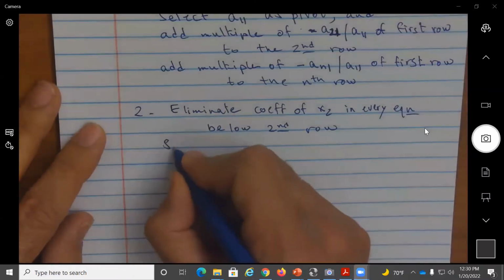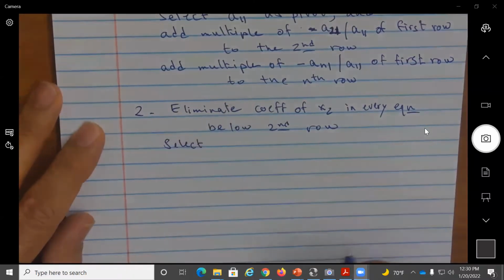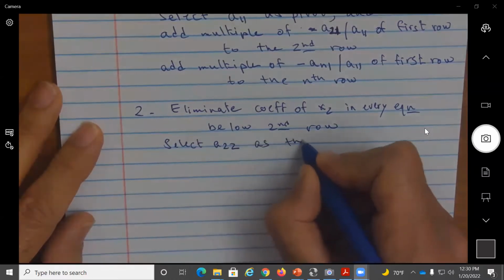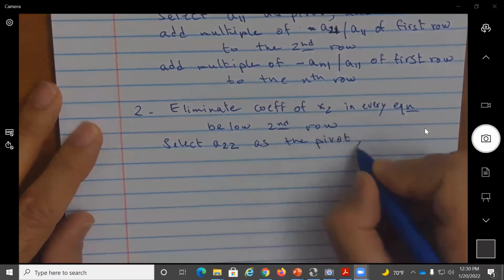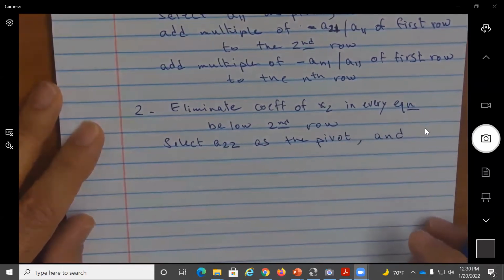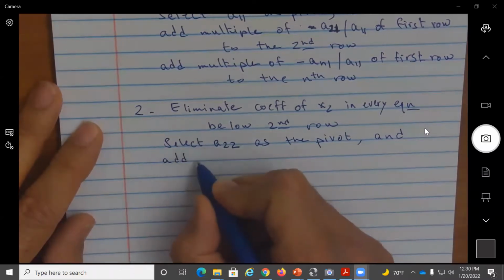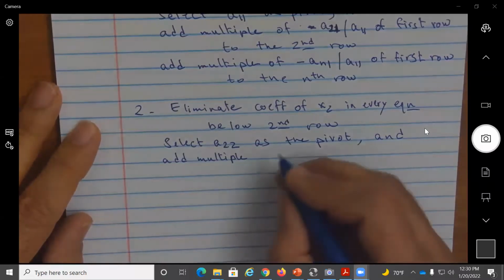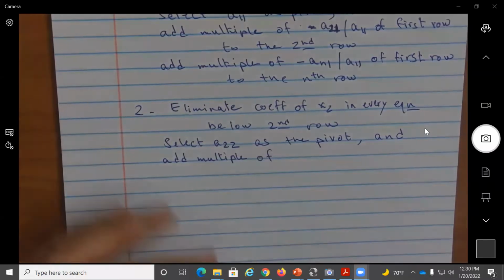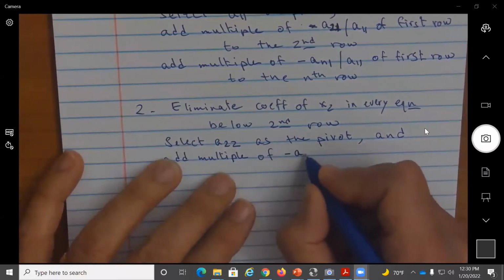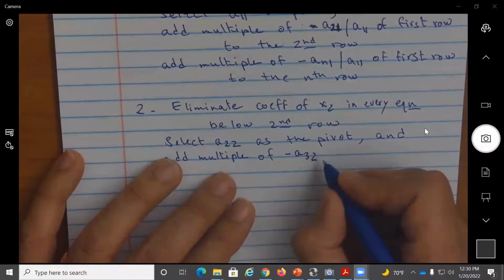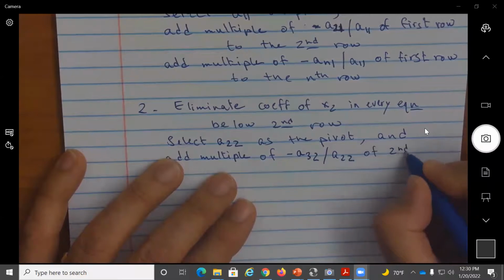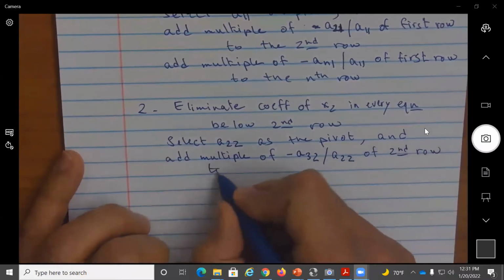So we are going to select A22 as the pivot, and we are going to add the multiple of, I'm going to move to the third row, right? So I'm going to have minus A32 divided by A22 of the second row to the third row.